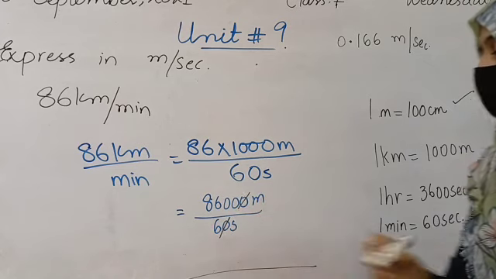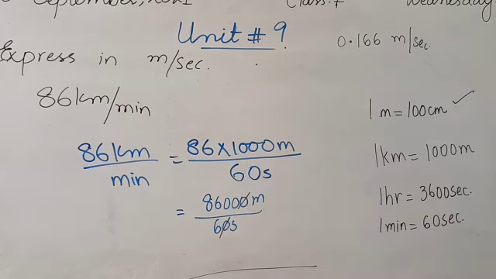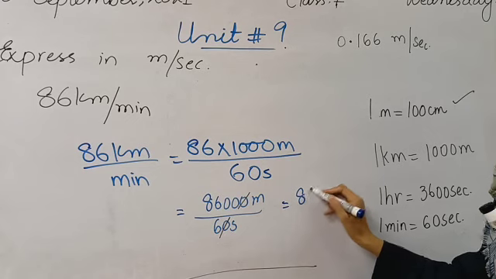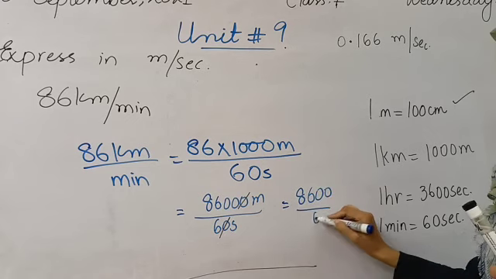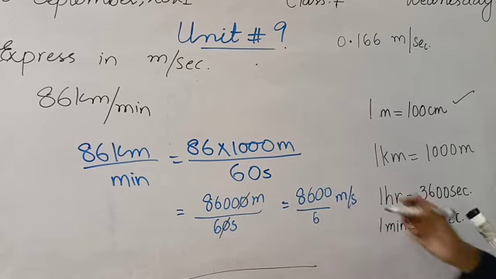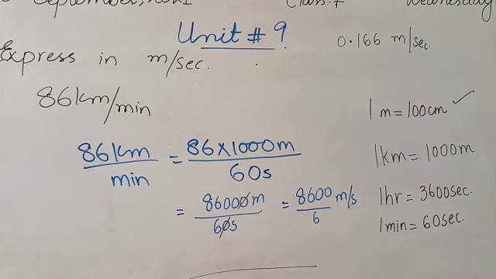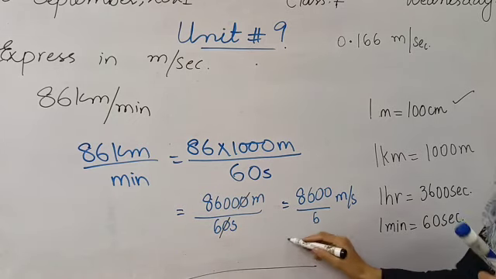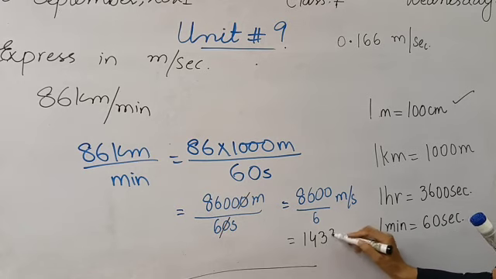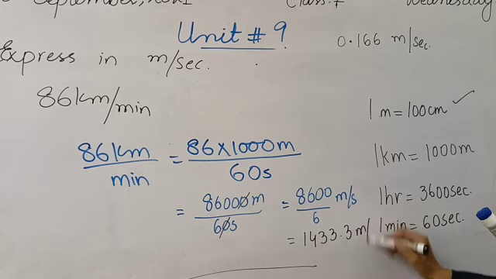This 0 is cancelled with this 0 and we have 8600 over 6. Divide this 8600 with 6. After dividing you will get 1433.3 meter per second. Okay.